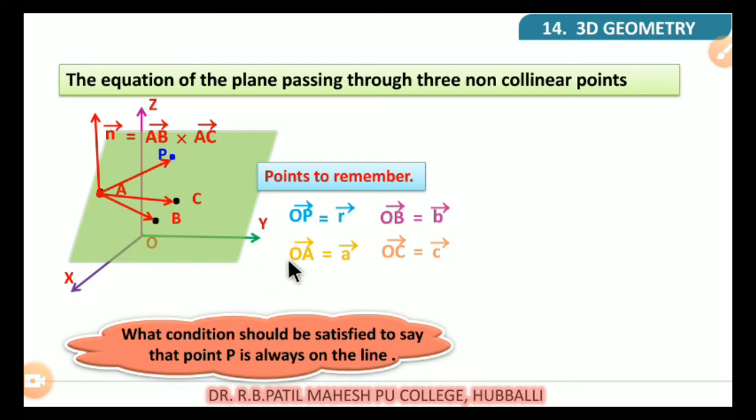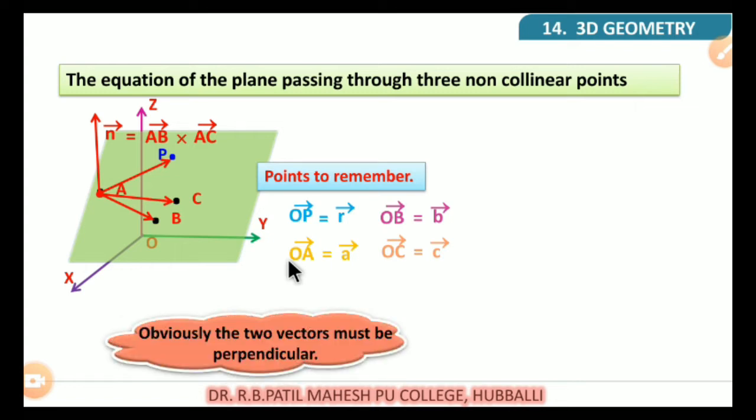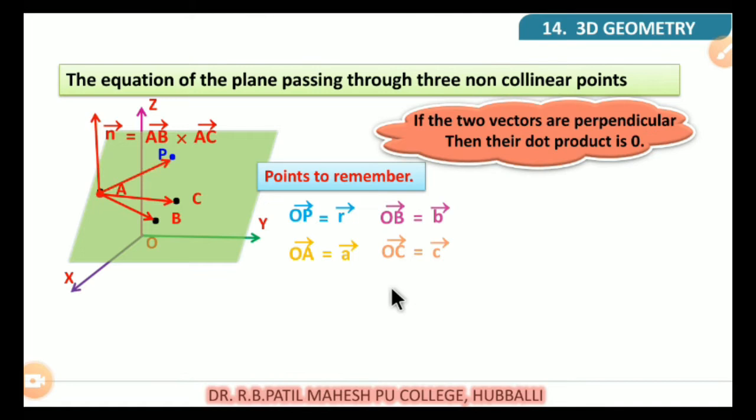What condition should be satisfied to say that point P is always on the plane? Obviously the two vectors must be perpendicular. Therefore these two vectors are perpendicular here. Already I have told you this n vector is perpendicular to AB vector, AC vector as well as AP vector.